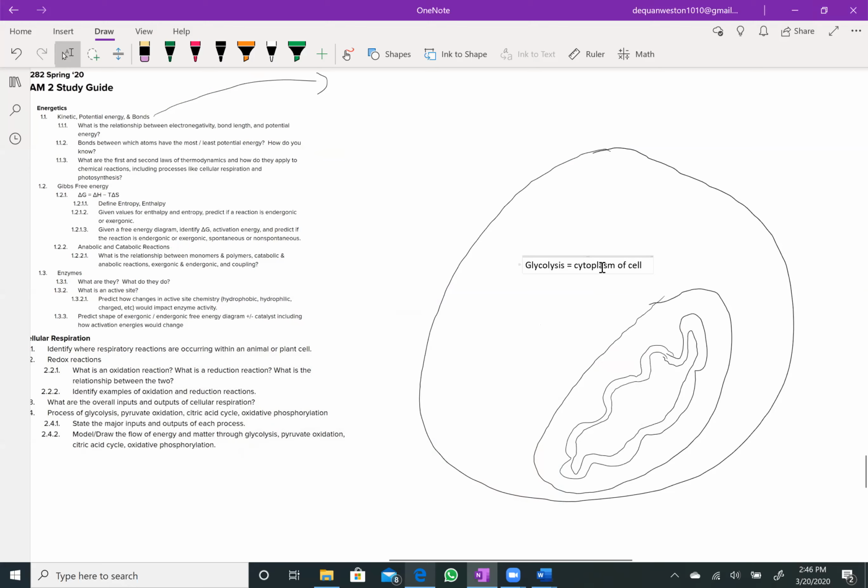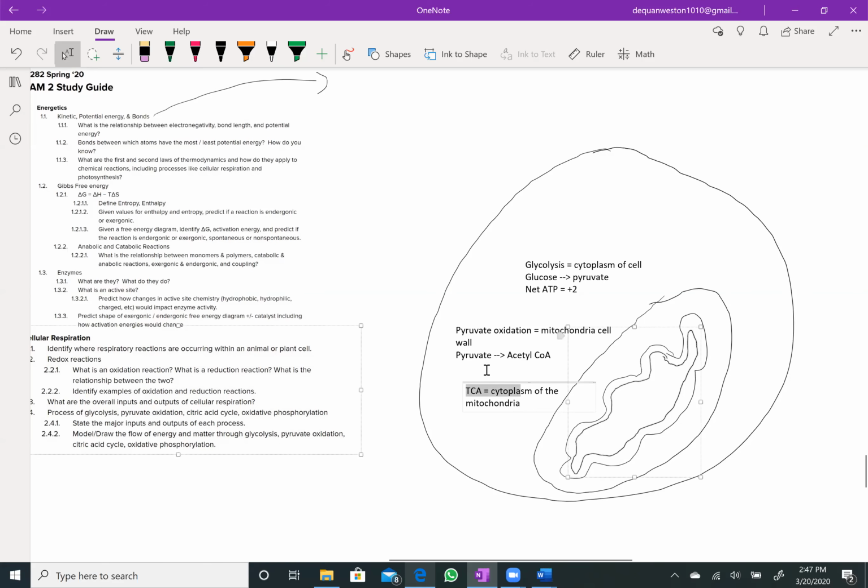This acetyl CoA goes through this thing called the TCA cycle. And the TCA cycle happens in the cytoplasm of the mitochondria. The cytoplasm of the mitochondria, what the heck? And this gives off a ton of stuff.